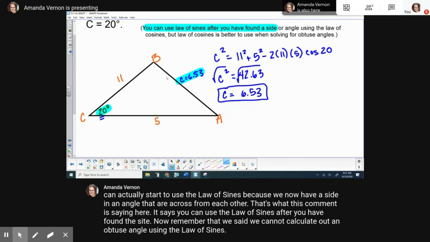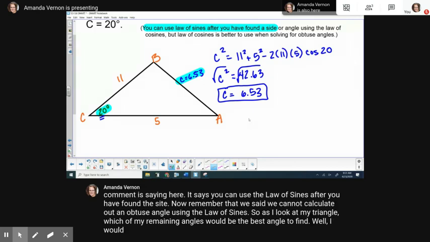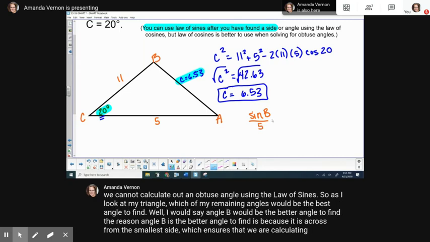So as I look at my triangle, which of my remaining angles would be the best angle to find? Well, I would say angle B would be the better angle to find. The reason is that it is across from the smallest side, which ensures that we are calculating an acute angle.